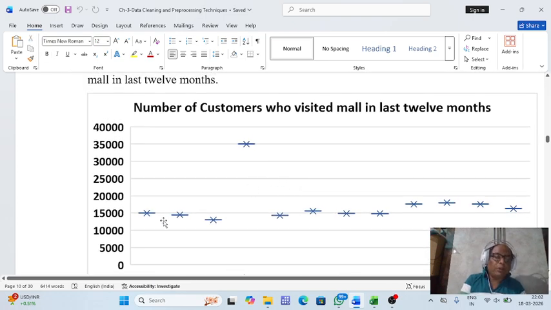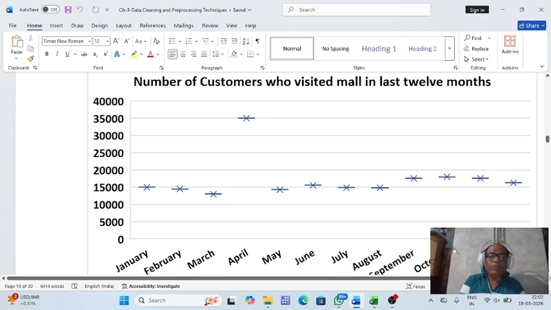For example, here you can see the number of customers who have visited the mall in the last 12 months, that is from January to December. In January it is around 15,000 customers who have visited. In February again around 50,000. March again around 13,000.